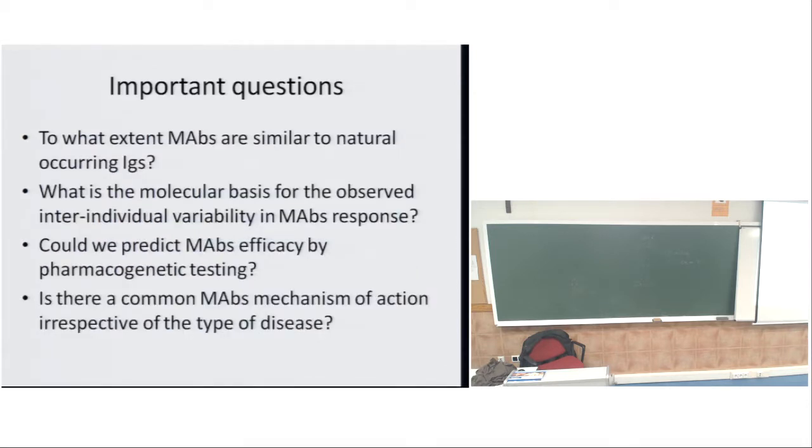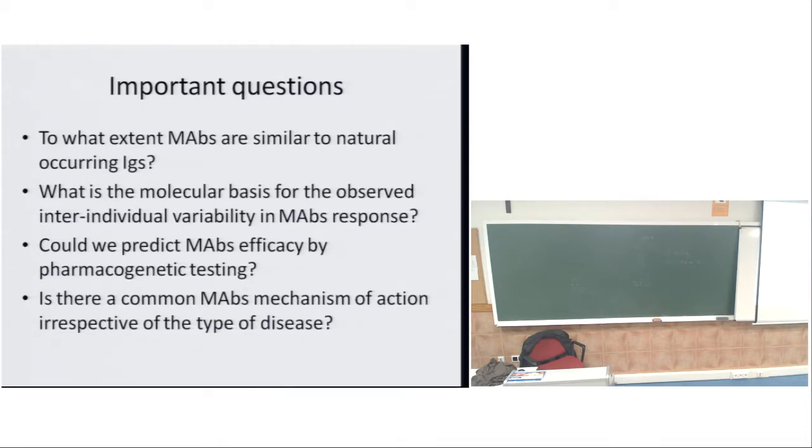And one may think about an important question: to what extent are these monoclonal antibodies similar to our natural immunoglobulins? What is the molecular basis for the inter-individual variability? Because there are patients that respond and patients that do not respond. And if we could predict the efficacy by pharmacogenetic testing, this is very important.